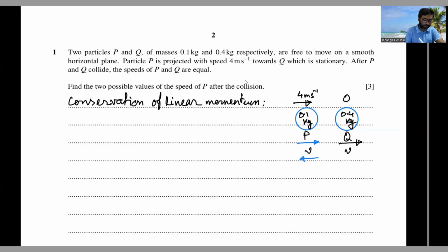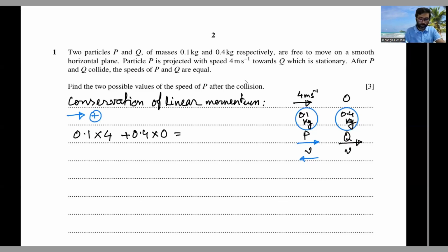So right direction is positive. Now apply the sum of momentum before collision: 0.1, mass of P, into its velocity 4, plus 0.4, the mass of Q, times velocity of Q, which is 0.